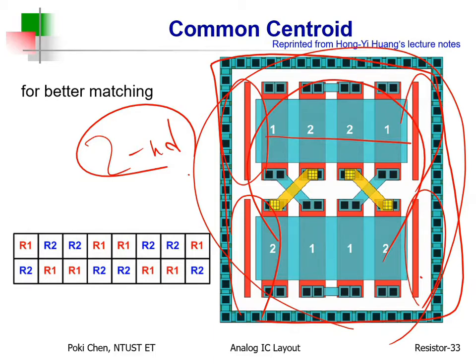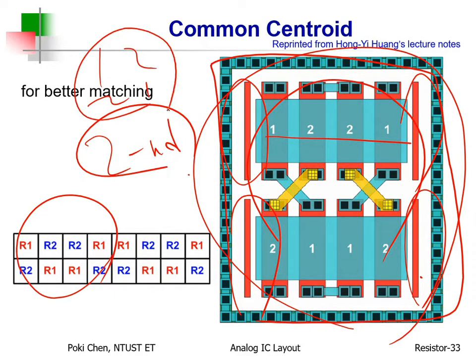I show you one of the best papers from Professor Geiger's lab. How to do such kind of common centroid. Anyway, 1, 2, 2, 1, right? How to flip it horizontally, vertically, with symmetry or anti-symmetry.